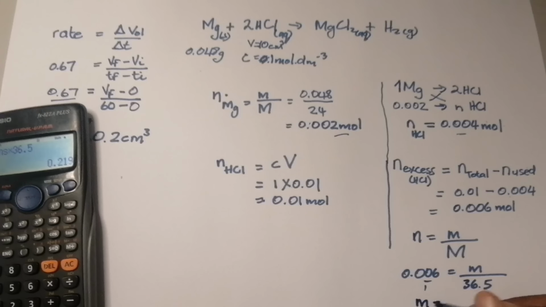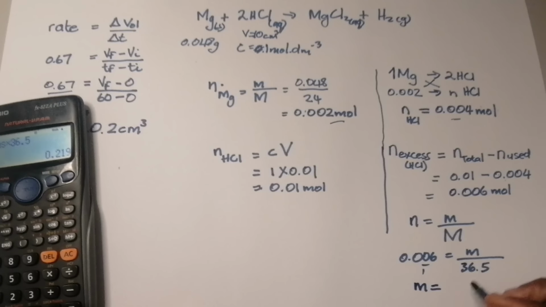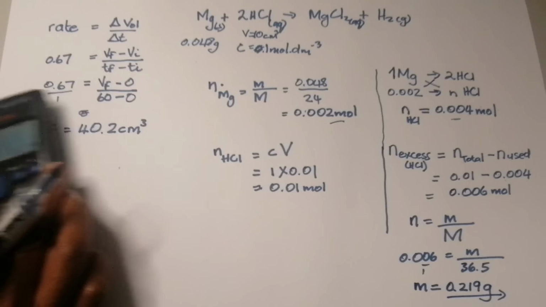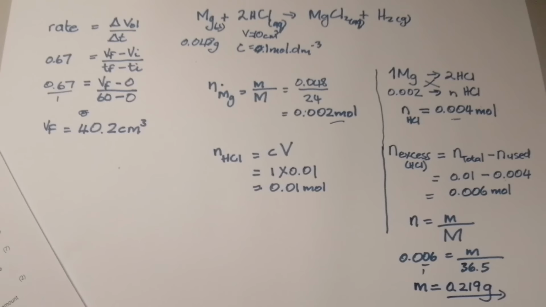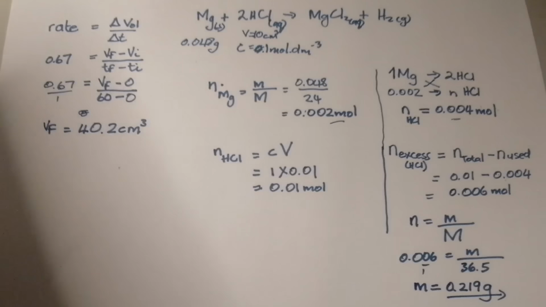So the mass of hydrochloric acid that you have that is unreacted is 0.219 grams. Okay, so this will be the amount that I have that remains unreacted. So that's how we'll tackle that question.